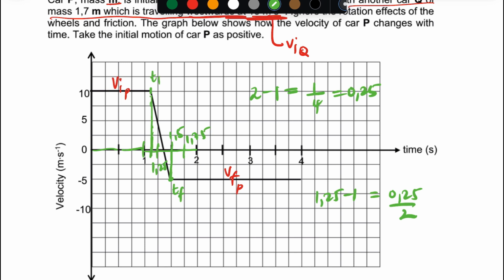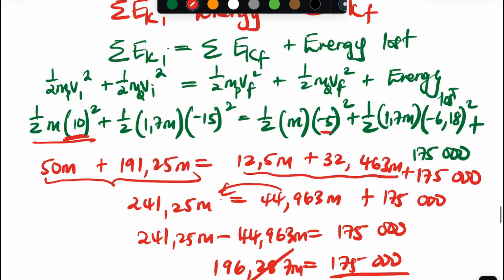So 0.25 divided by 2 is 0.125. So this means that the point we're going to use is 1.5, and here it's going to be 1.125, right? Those are the points that we're going to use there. I hope that makes sense.